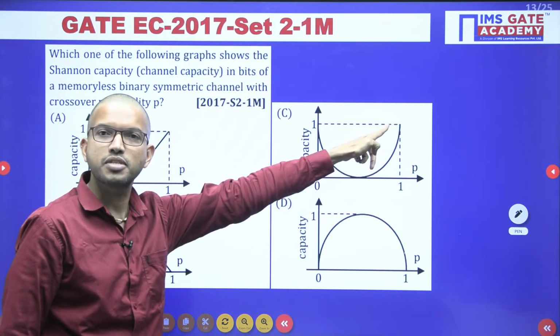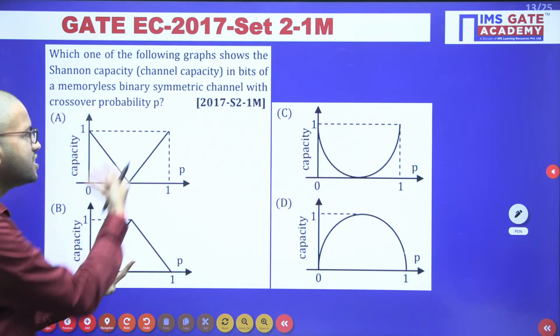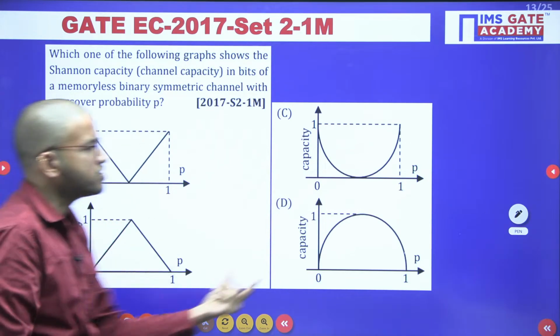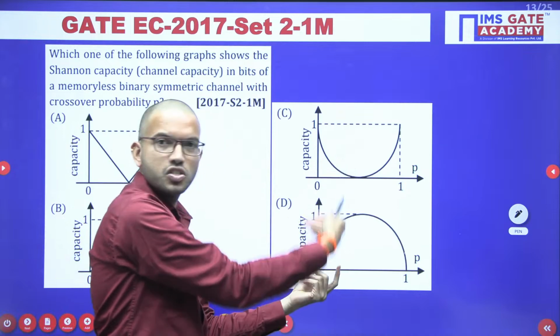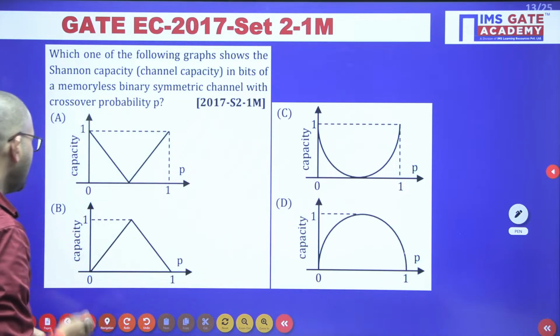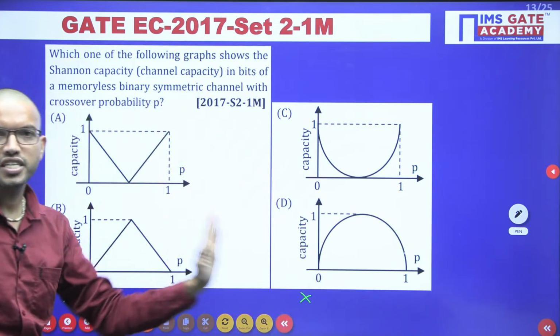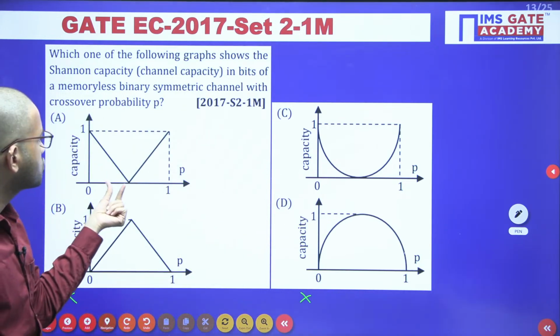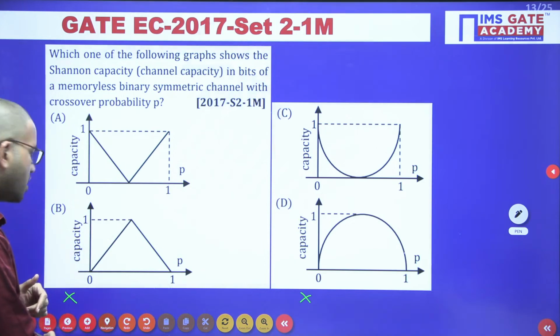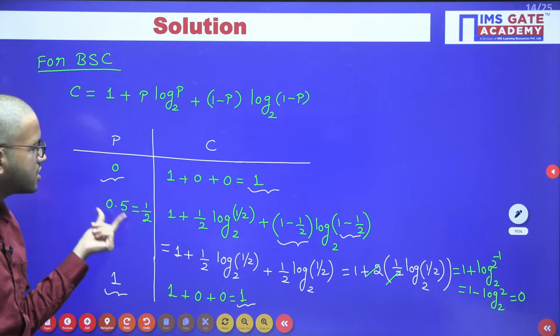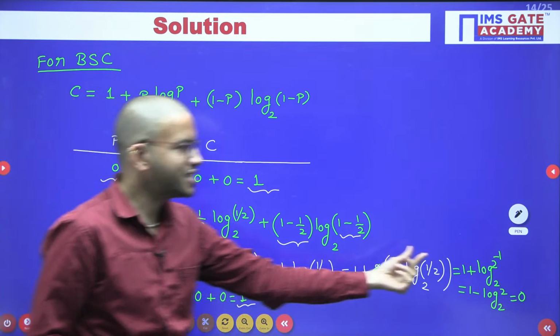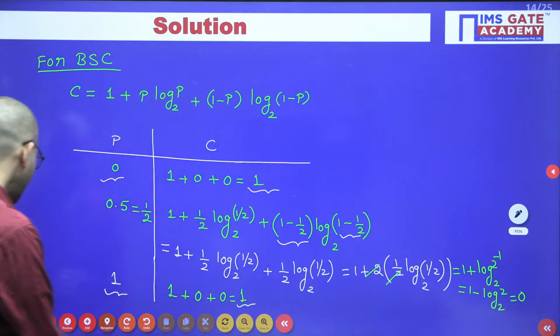This waveform is exactly opposite to this one, right? So with this understanding, we can eliminate option B and option D. Okay, right. Now let us observe the other option. When you have considered probability as 0.5, you get channel capacity as 0.